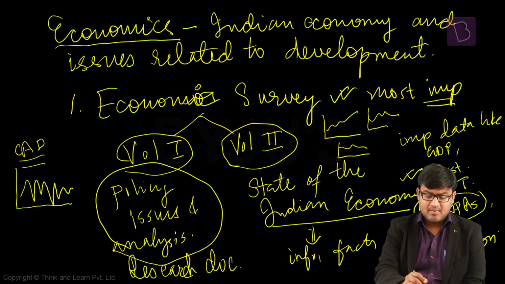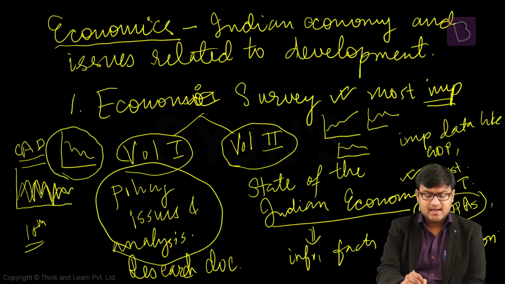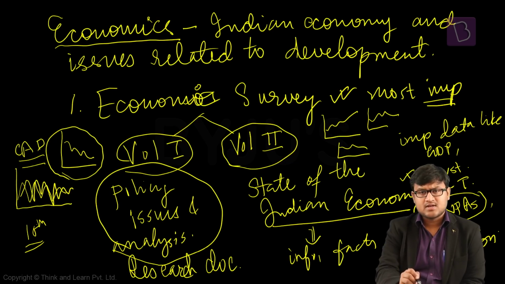Now you may not remember every fact or every data point that is there in the economic survey, but you can always remember a graph. So what you can do is, if you find some data, you can make your own graph and see the trend. Now this picture of graph will be there in your mind at the time of examination. So if any question of this sort comes, you can simply remember this graph that you have prepared and answer the question very easily.